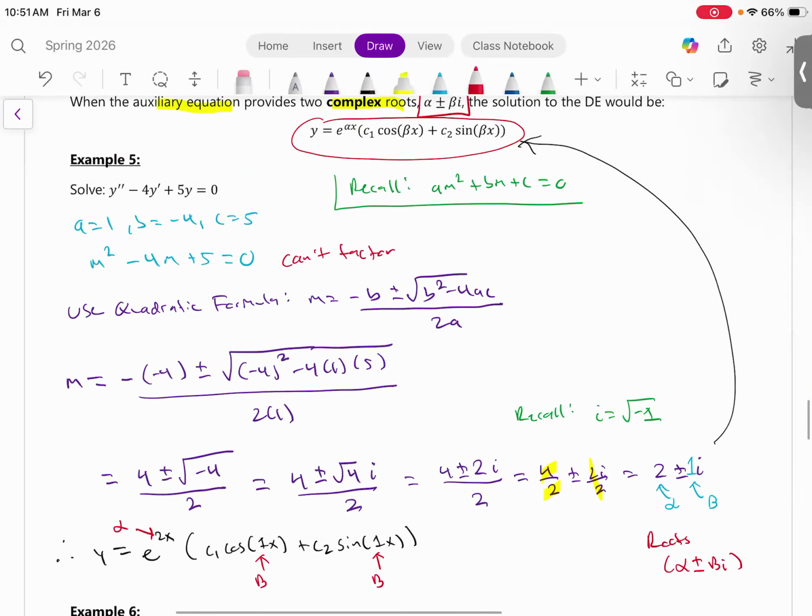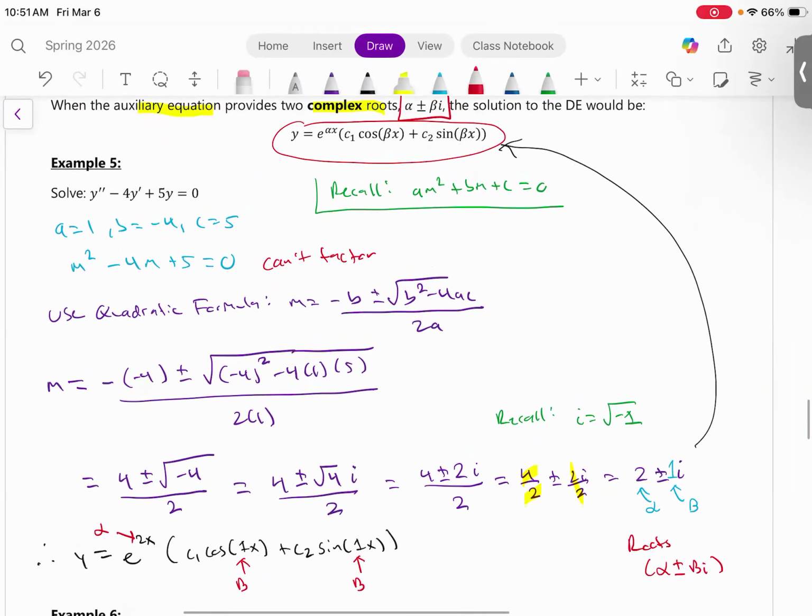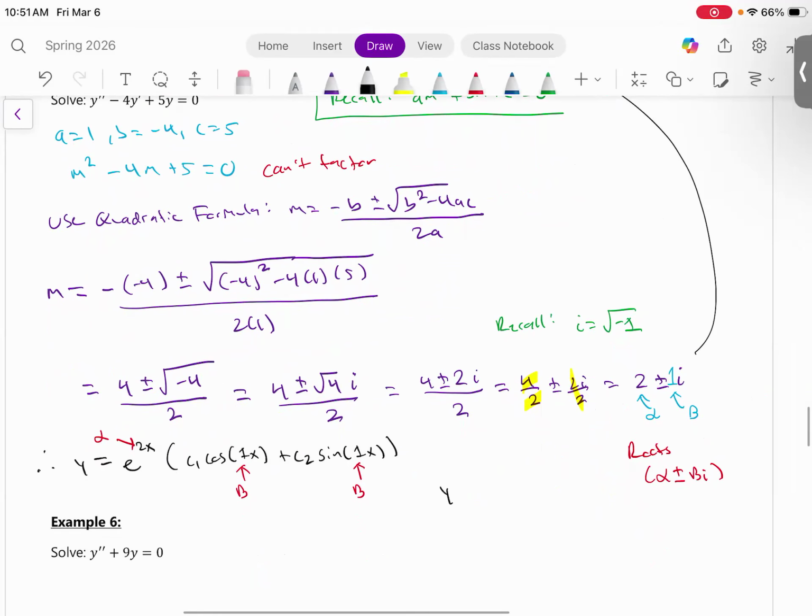Okay, so that's our first example of complex roots, and that's our answer. Maybe I could clean this up a little bit more without the 1.